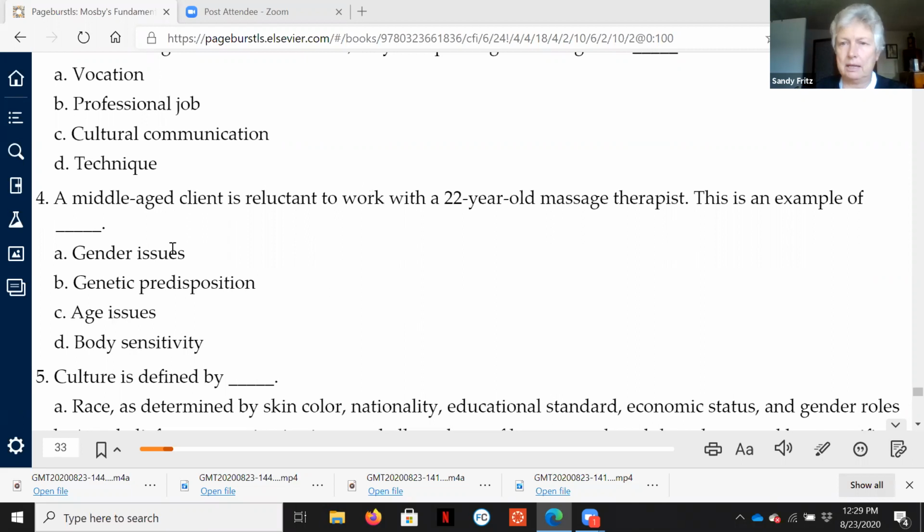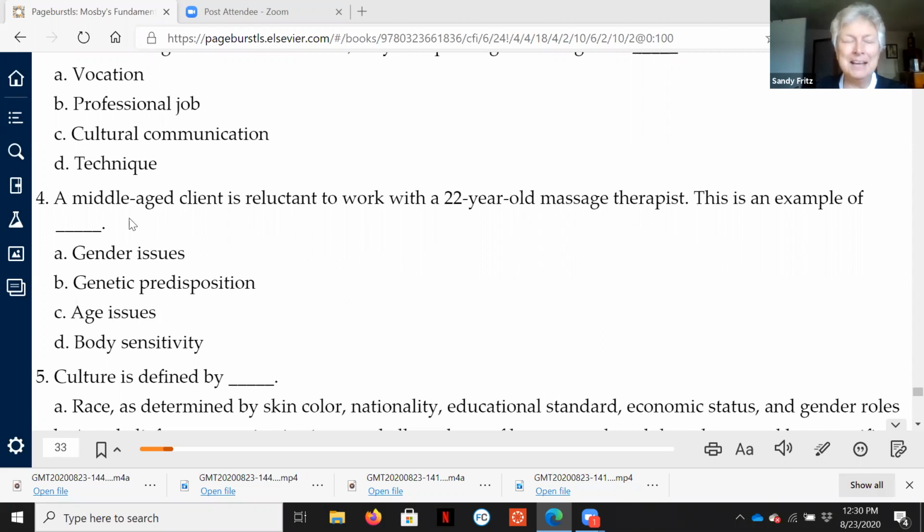If I change this question and put a middle-aged male client is reluctant to work with a 22-year-old female massage therapist, then it is a gender issue and an age issue.